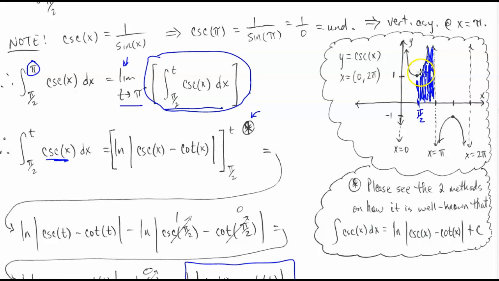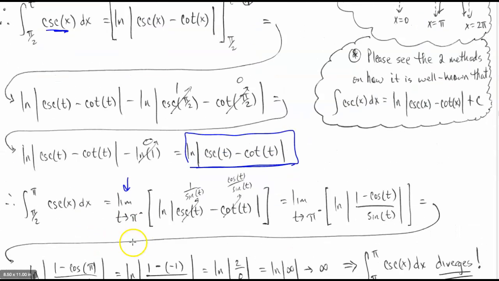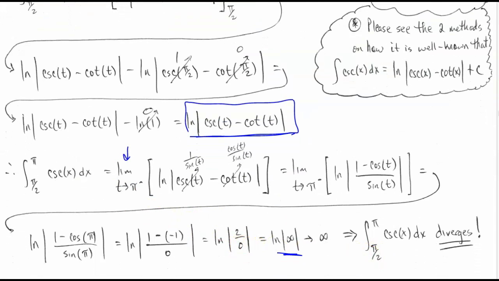Now, if we had a function that would increase slightly faster than what cosecant does from pi over 2 to pi, then maybe we would be able to find out what that actual area is. But because it doesn't, it's too slow, that's why we can't do it. So that's how we end up getting this answer.